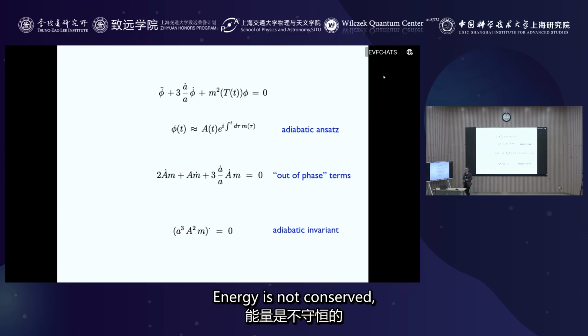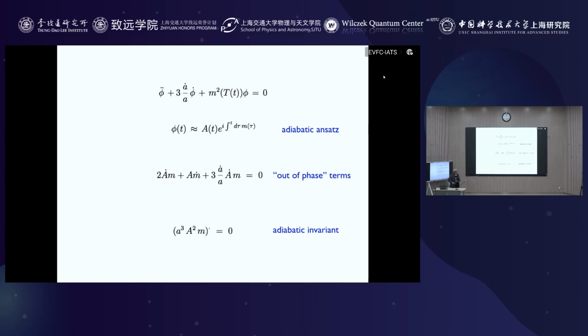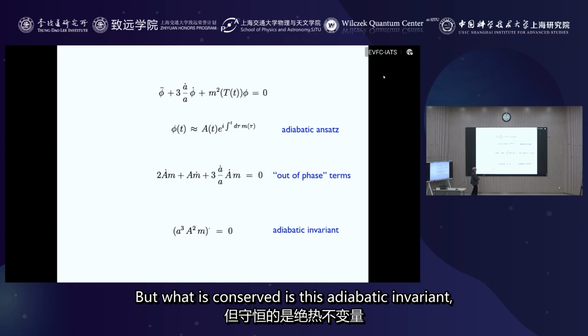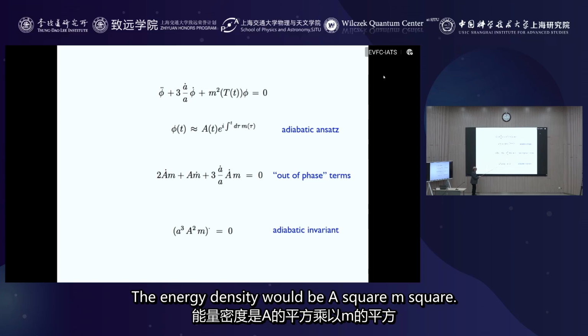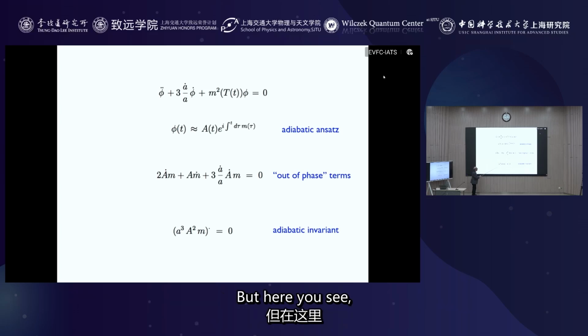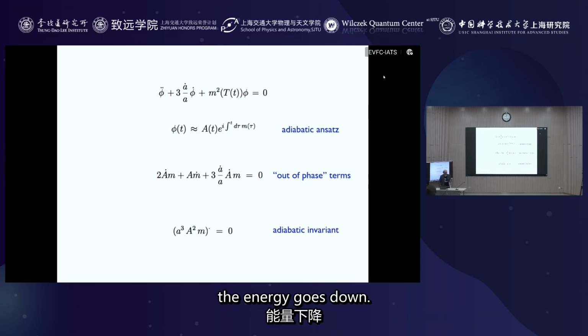Okay, so energy is not conserved because you have a time-dependent mass, but what is conserved is this adiabatic invariant. So the energy density would be A squared m squared, but here you see we have only A squared m appearing. And so as the mass goes up, the energy goes down.